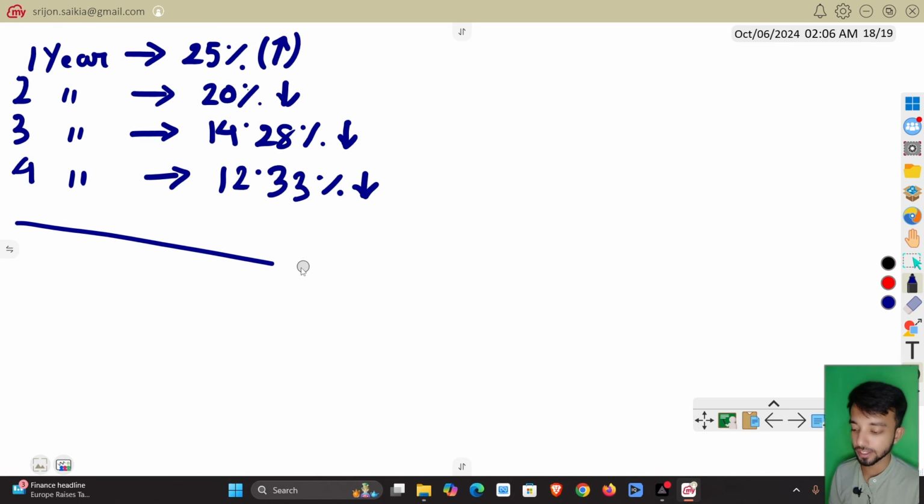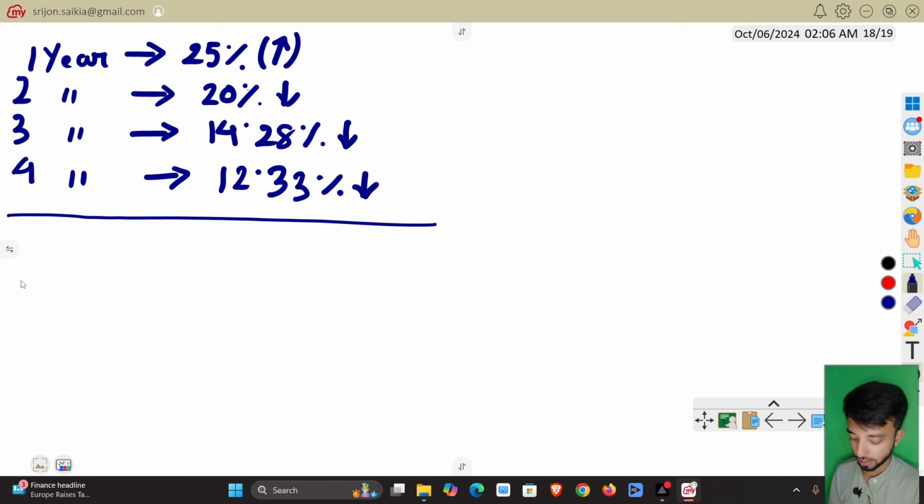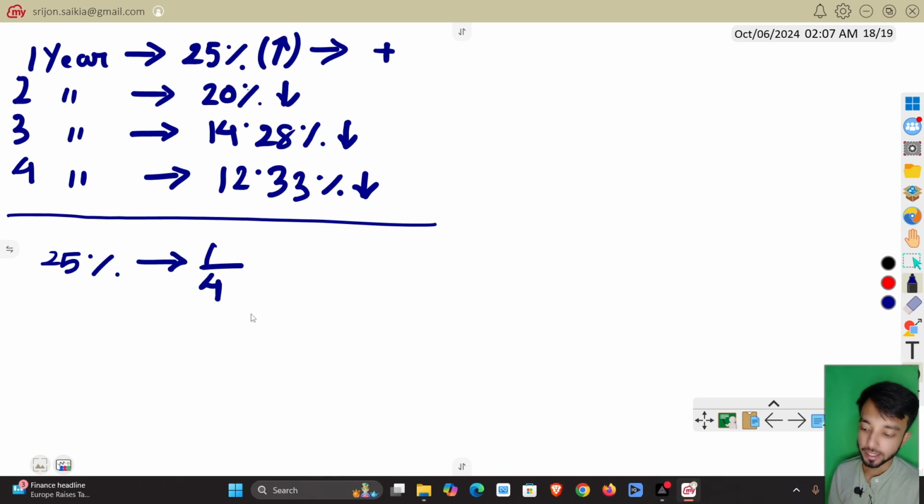Like every time we take the help of fraction, here also for such type of problem, you need to take the help of fraction. 25% means how much in fraction? 1/4. It's written increasing, and increasing means plus. That is 4 plus 1.